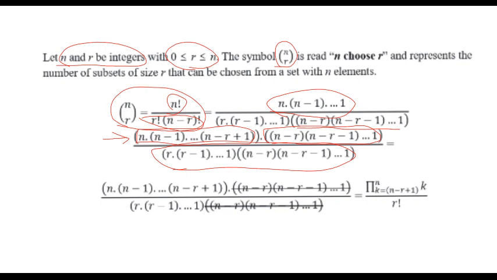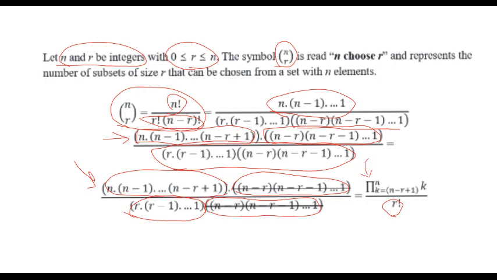Now, as you see, this product in the numerator and this product in the denominator will cancel out each other. So what we will get is a product like this over r factorial. So I write r factorial in the denominator, and I write the product in the numerator using the symbol that we just introduced.